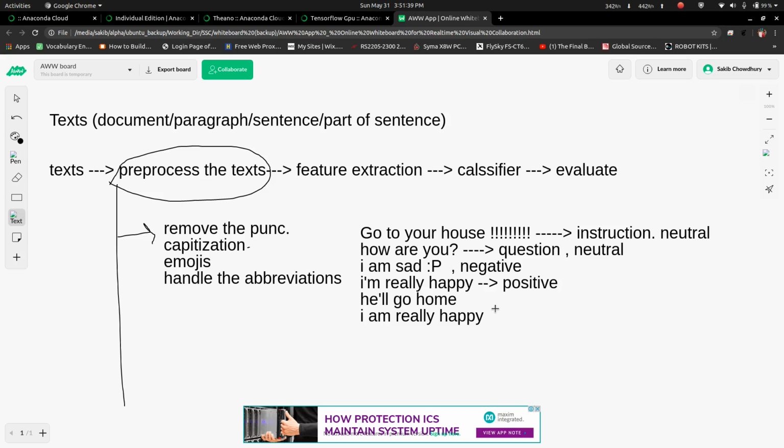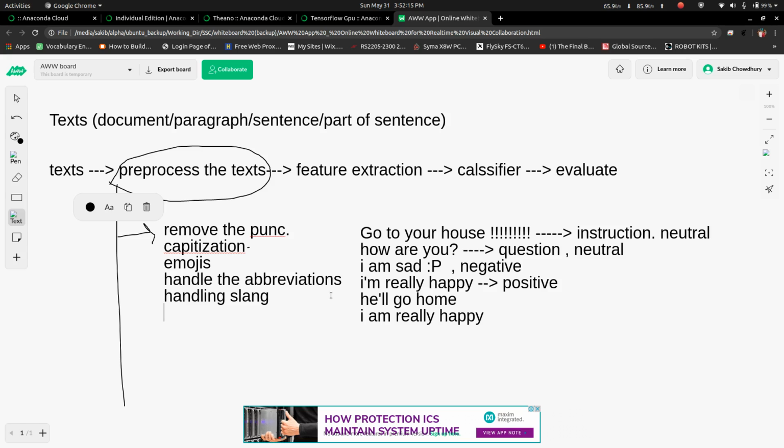Both of those sentences might have the same meaning, but as you use different words, your machine learning system might consider them as different sentences and might predict in a wrong way. So that's why we have to handle the slangs. Okay, so the next part will be handling slangs.